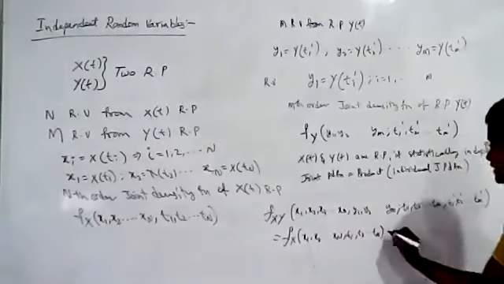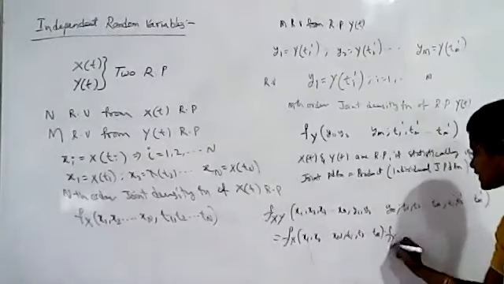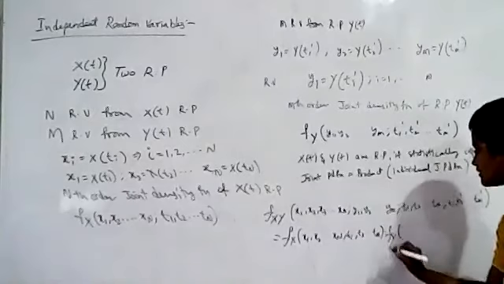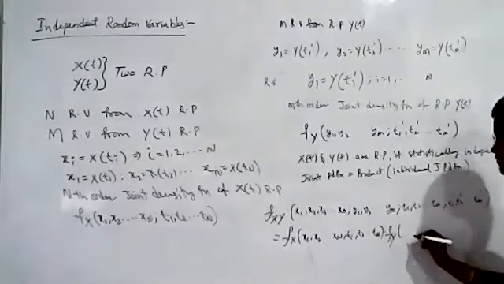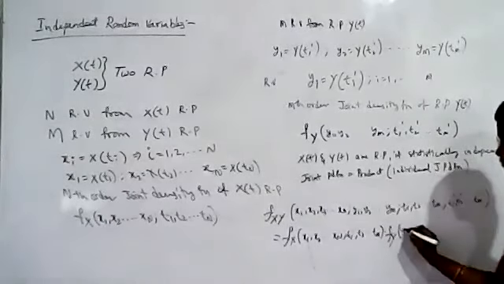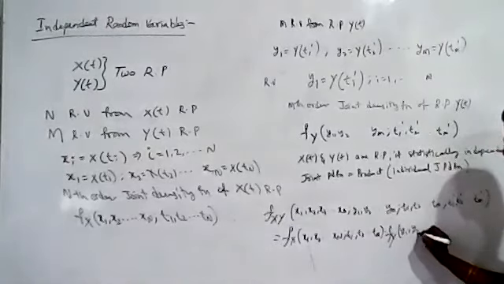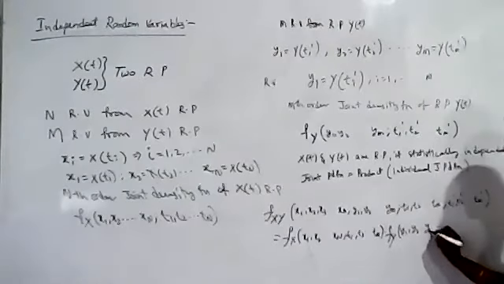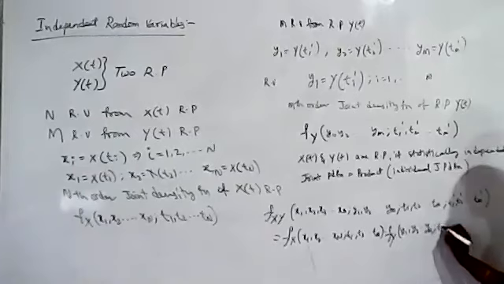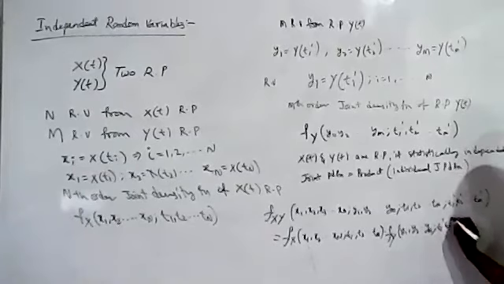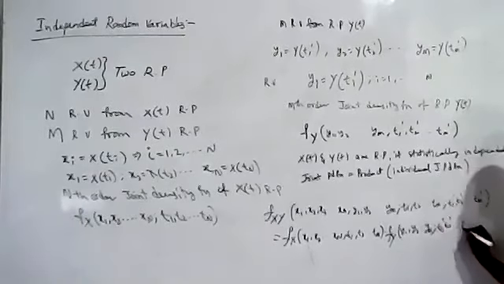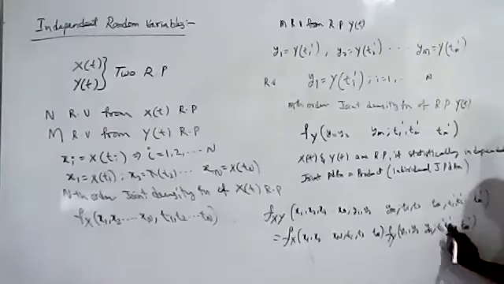Similarly, times f_Y, the joint probability density function of the random process Y: y1, y2, and so on up to ym, obtained from t1', t2', and so on up to tm'.